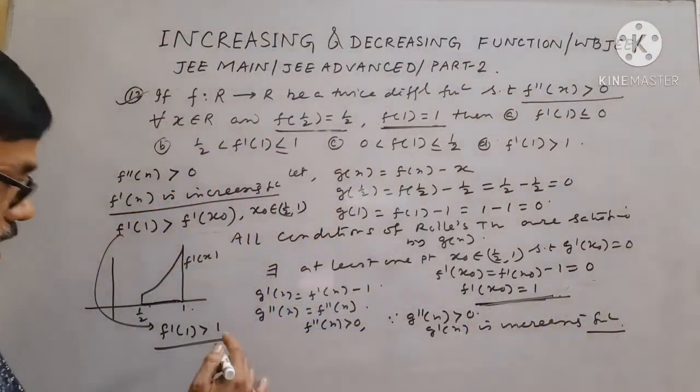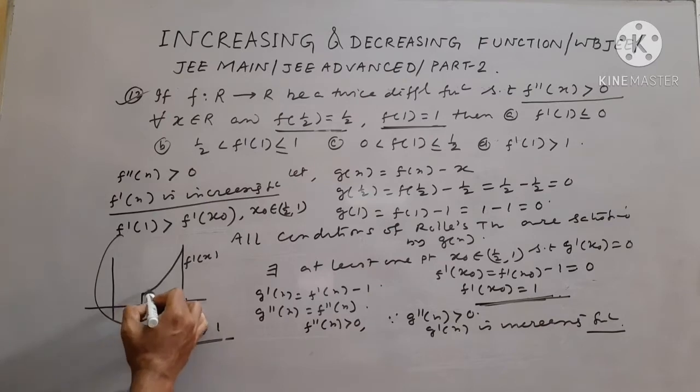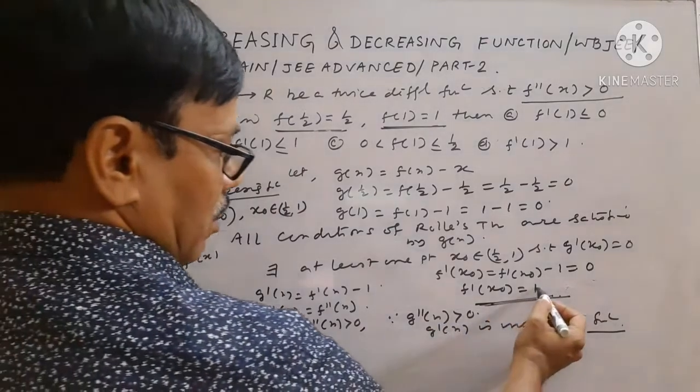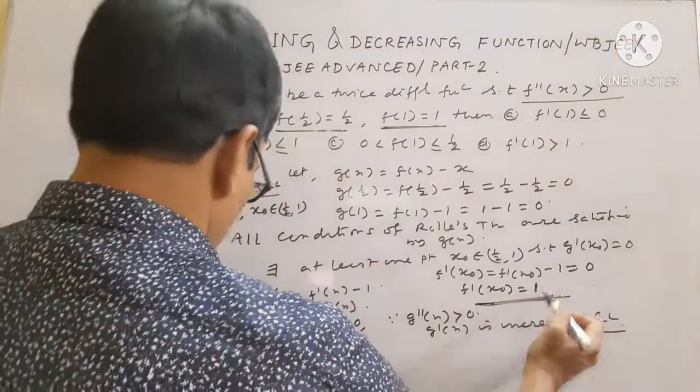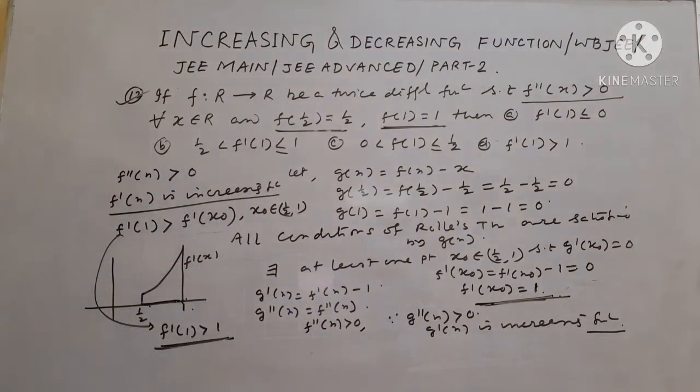Since it is increasing and 1 lies outside this interval, f dash 1 is greater than any value between half and 1. And f dash x0 is 1, so f dash 1 must be greater than 1.